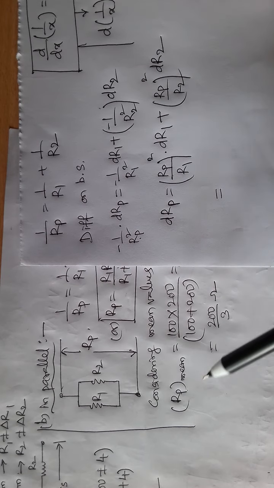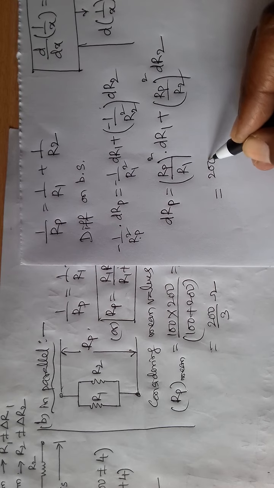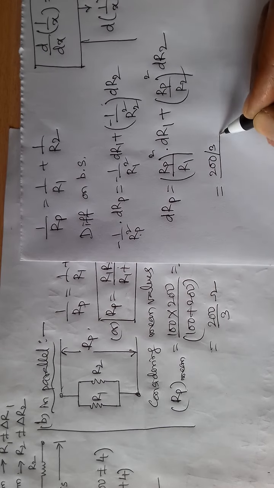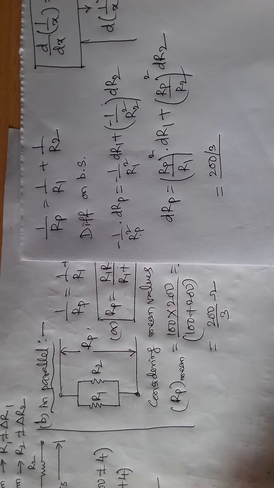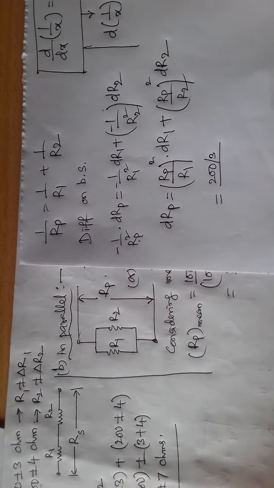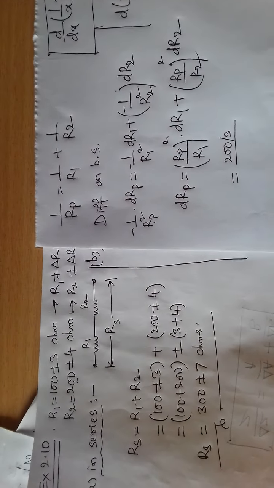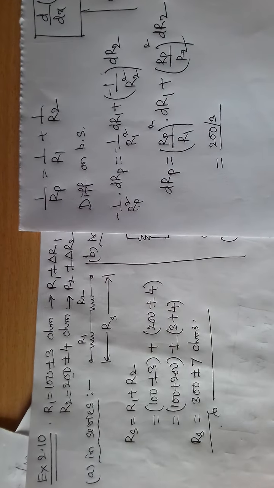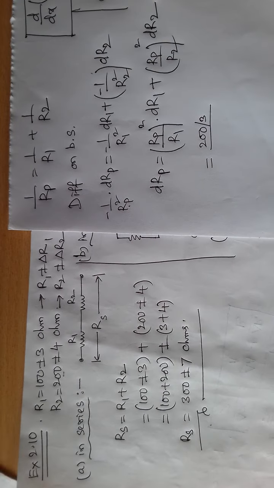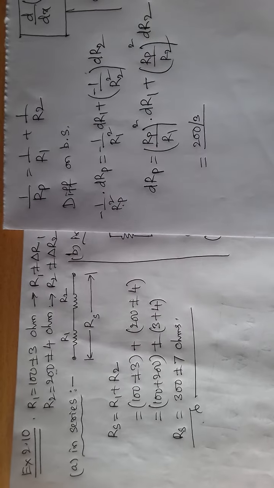Let me substitute this Rp mean value here, 200 by 3 divided by R1. R1 mean value, you can see it here. R1 mean value, how much? 100.